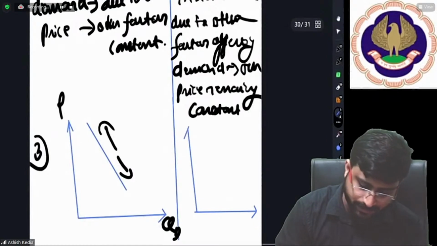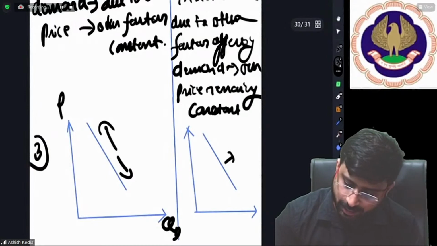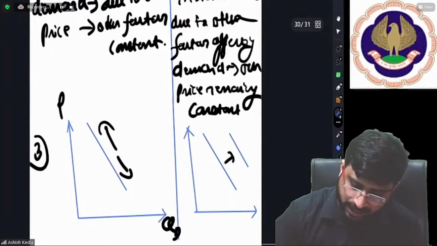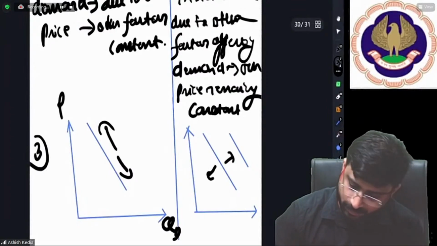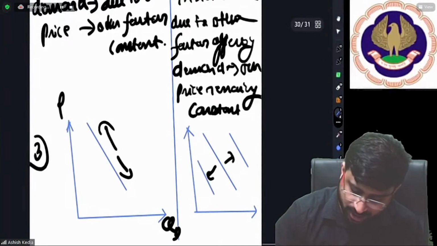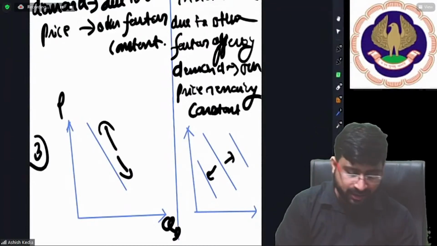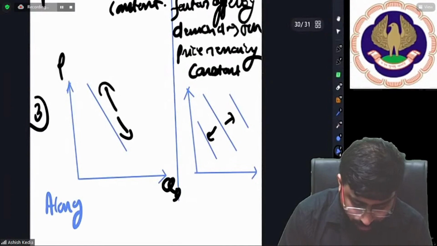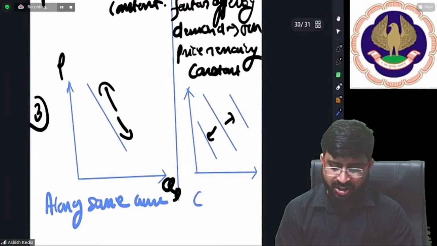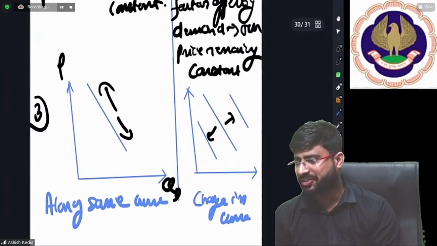If you put it right, it goes here, or if you put it left, it comes here. That is shift. So in movement, you are moving along the same curve. In shift there is a change in curve. That's why it is called shift, because the curve has shifted.